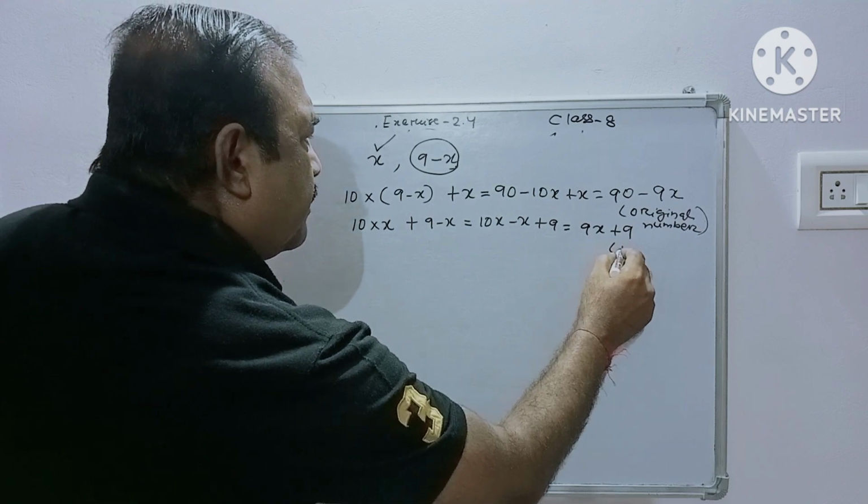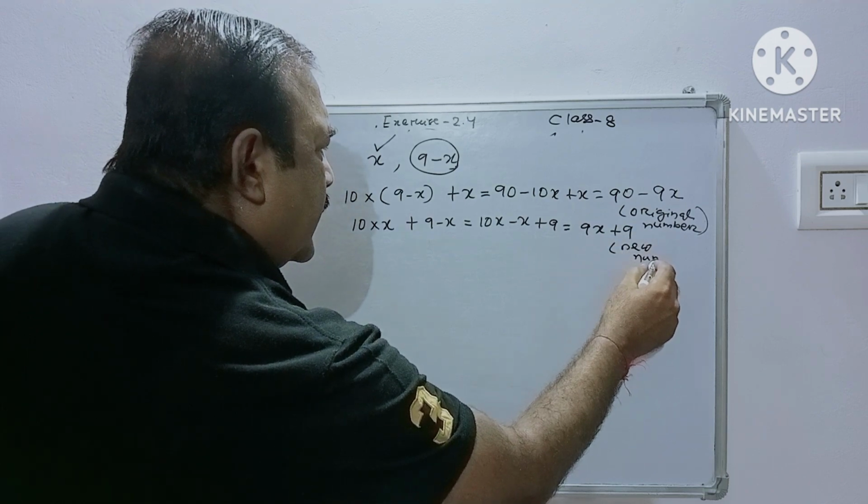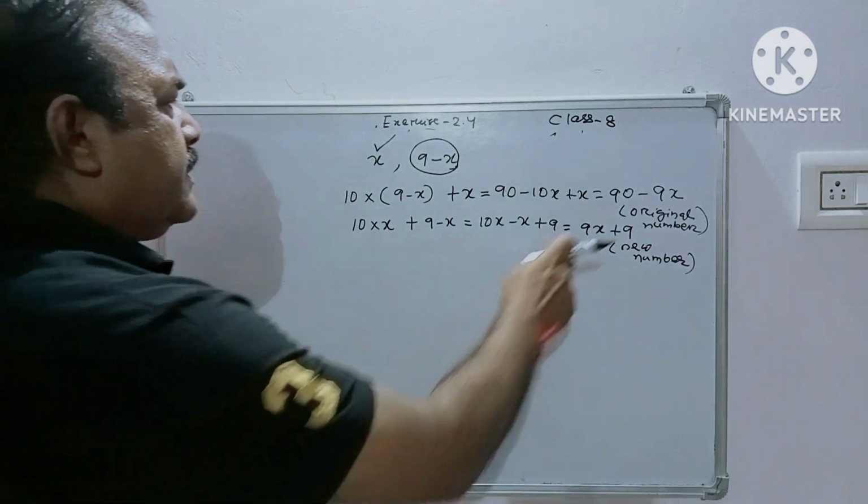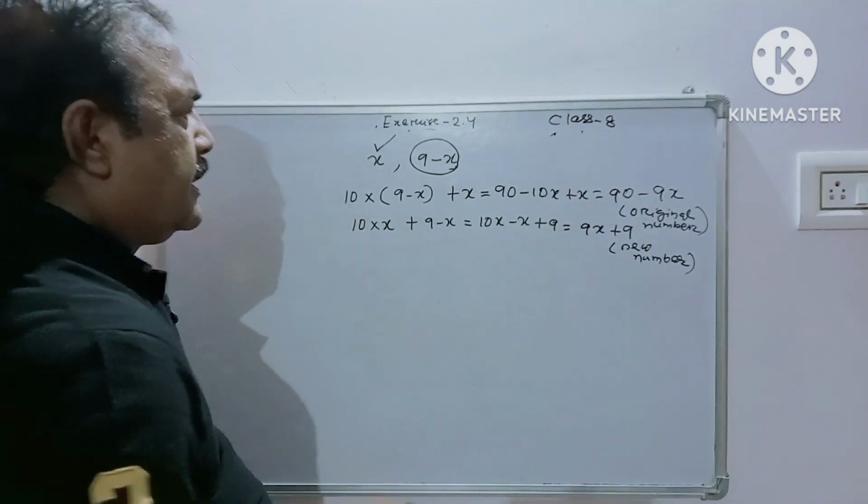So this is the new number, after interchanging the digits, because the original number is already taken.